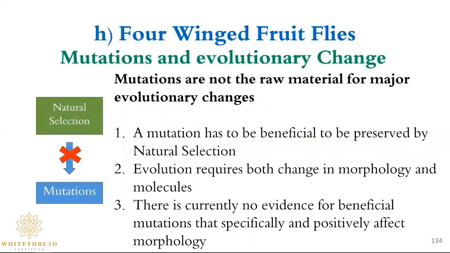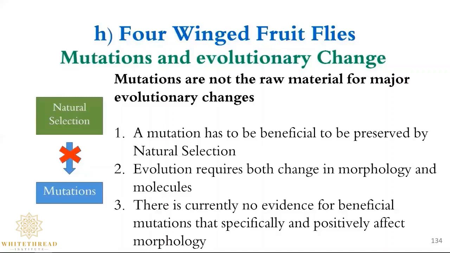So I would argue here that as far as the evidence goes, genetic mutations are not raw material for evolutionary change, because firstly, a mutation has to be beneficial to be preserved by natural selection. And here, as you have seen in the fruit flies, the legs growing out of the antenna is disabling, and the extra set of wings growing out of its halteres is just creating extra weight on the back of the fruit fly, which is of no benefit in terms of fitness.